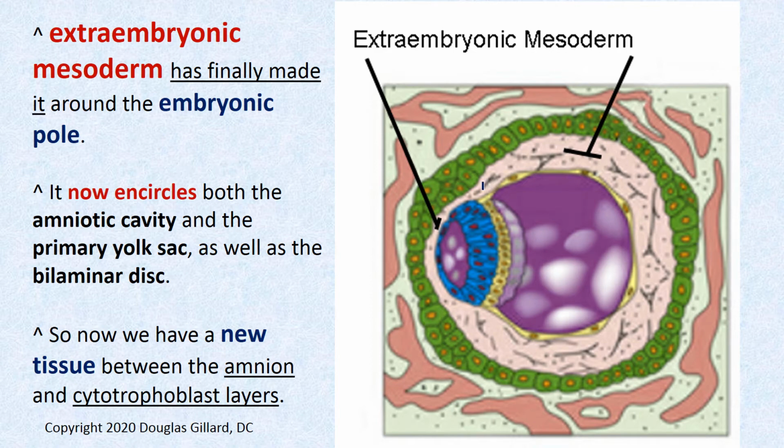Yes, it is correct. So I was wrong. It doesn't split in this region right here. So it does completely encircle the little human right here. So this extraembryonic mesoderm completely encircles the bilaminar disc and the primary yolk sac. Right? But splitting, it's going to leave this area right here, which is going to ultimately be the umbilical cord.